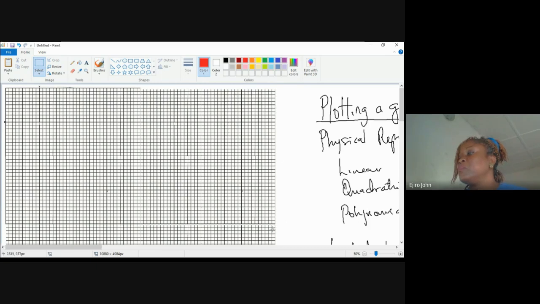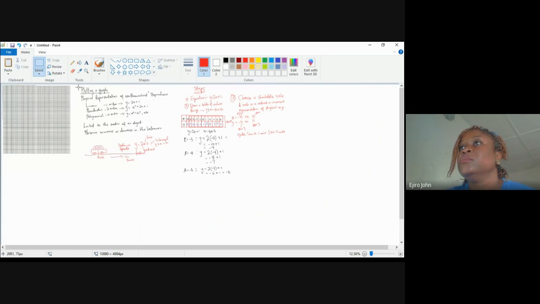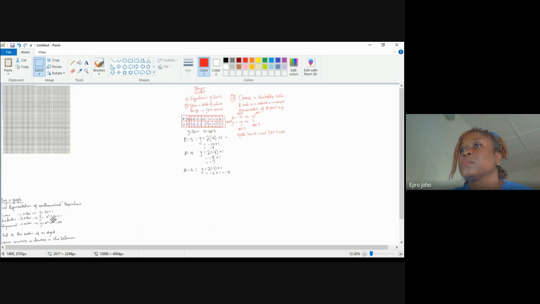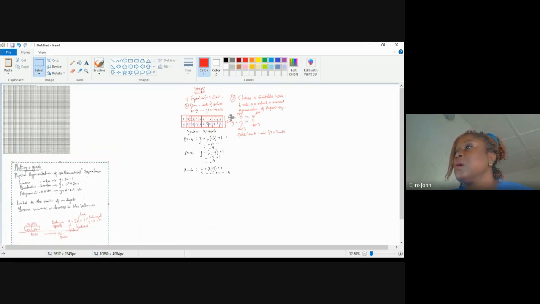So our table, I will shift our table to this side so that I can continue what I'm teaching. I just want to copy this table. Copy, paste.